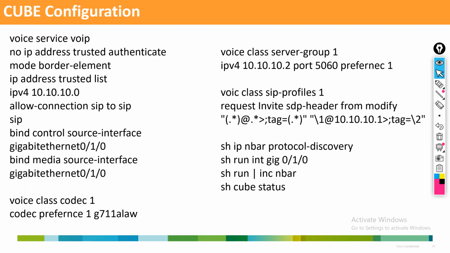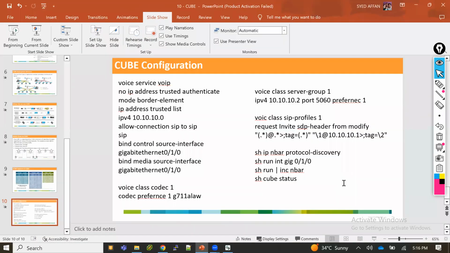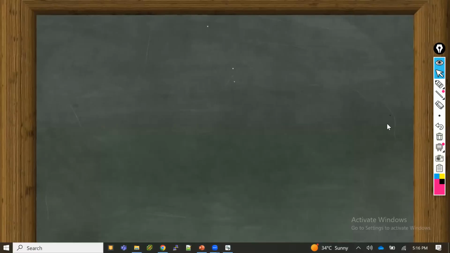Got it? And these are the commands we have to execute on the gateway. Let me show my topology here. Say I have a CUCM, and IP phones are registered, physical phones and soft phones.